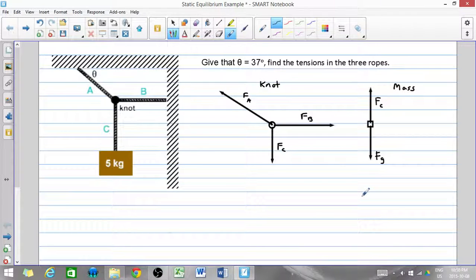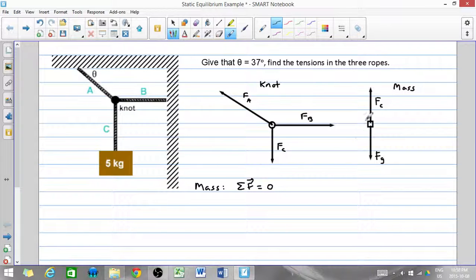So we're going to start analyzing these forces, and we'll start with the easy one. We'll start with the mass, because there's a lot less going on here. When an object is in static equilibrium, all the forces balance, or another way of saying that is that the net force, or the summation of forces, is equal to 0.